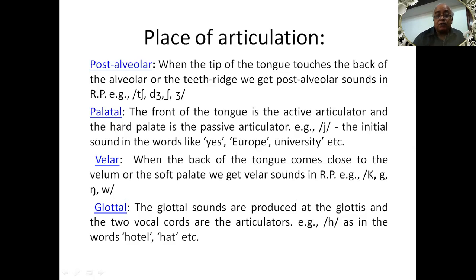When the back of the tongue comes close to the velum or the soft palate, we get velar sounds in RP like k, g, ng, and w. Then the glottal. The glottal sounds are produced at the glottis, and the two vocal cords are the articulators. H is the sound in a word like hotel or hat, etc.